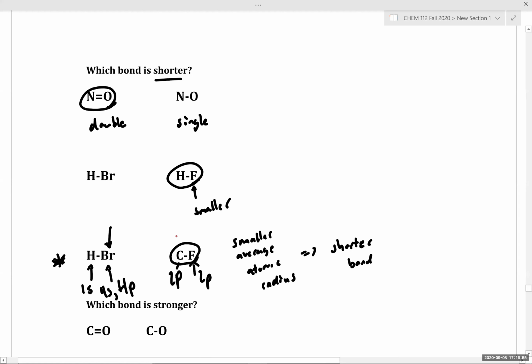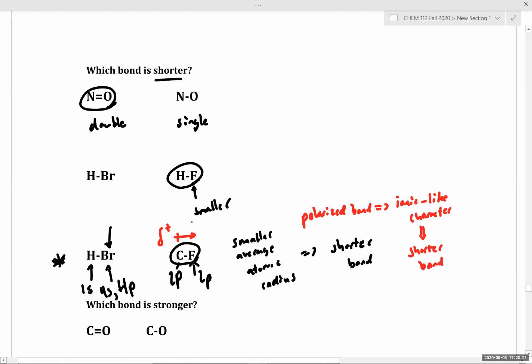Electronegativity, yes. So this bond is polarized, and we can also invoke the idea that this polarized bond leads to ionic-like character, and in turn leads to a shorter bond.